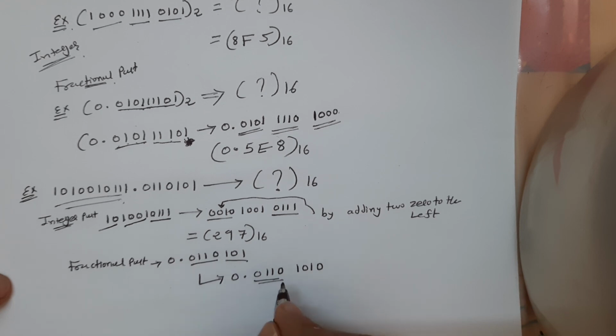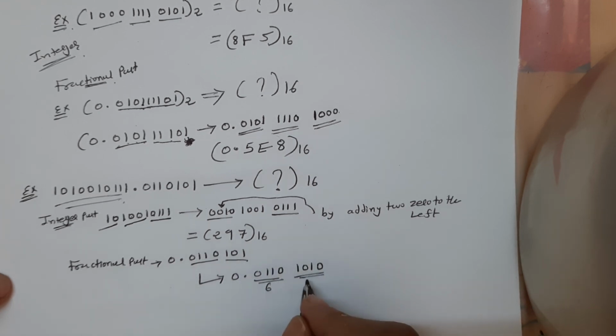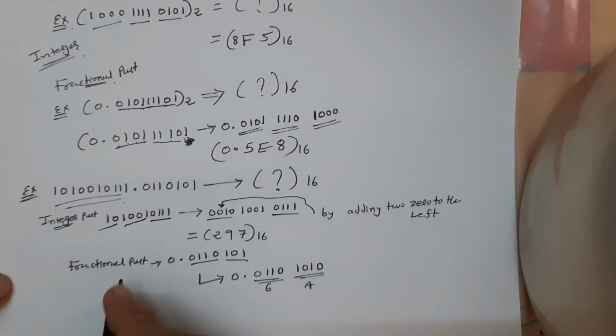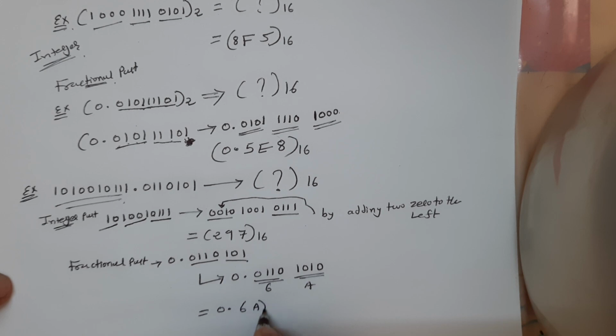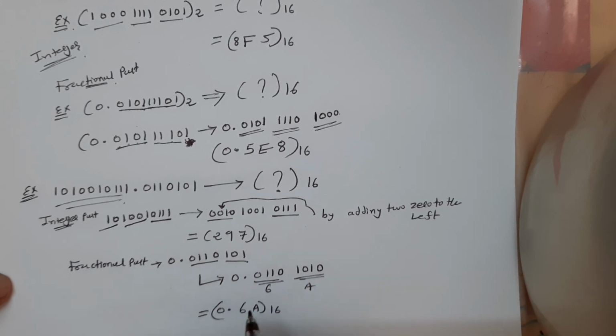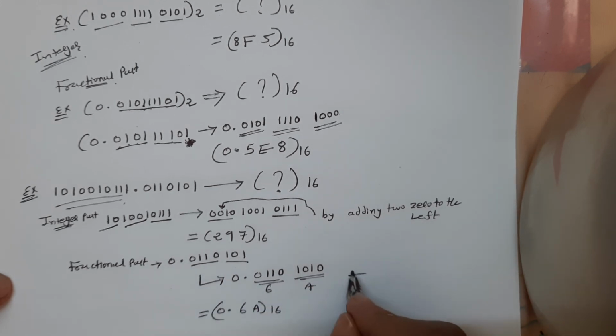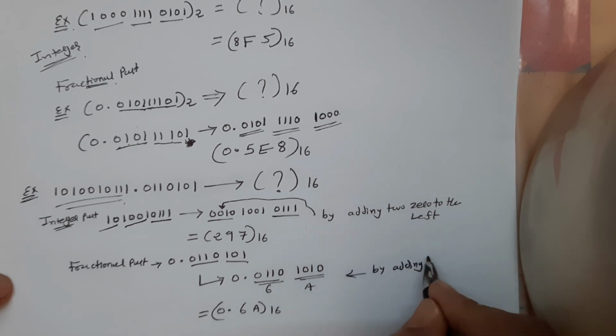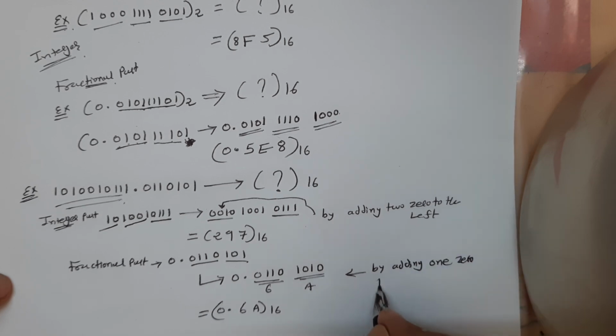So this is equal to 6, and this is equal to A. So our fractional part it is equal to 0.6A base 16, right? Here by adding 0 to the right.